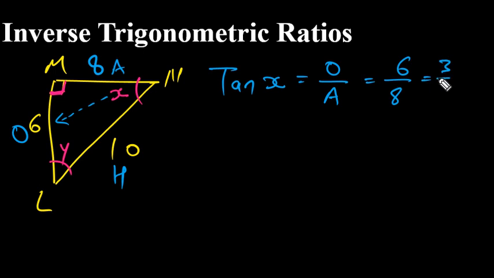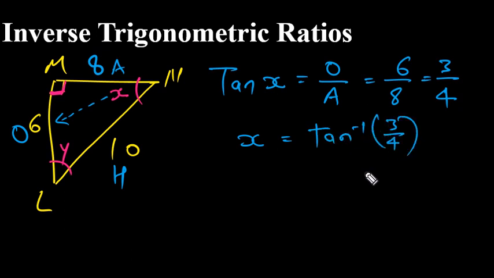Simplify this, 3 over 4. Now x is equal to tan inverse 3 over 4. That's what I told you: you take it to the other side and change it to inverse.